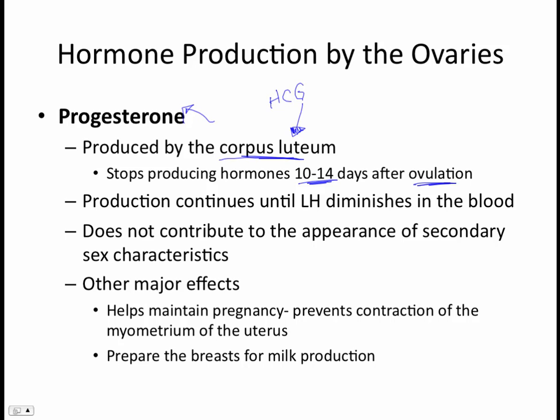It does not contribute to the appearance of secondary sex characteristics. It does help maintain pregnancy to prevent contraction of the myometrium. Remember, the myometrium is the muscle layer surrounding the uterus. If you have contraction of this layer, that can cause sloughing off of the endometrium. And it also prepares the breast for milk production.